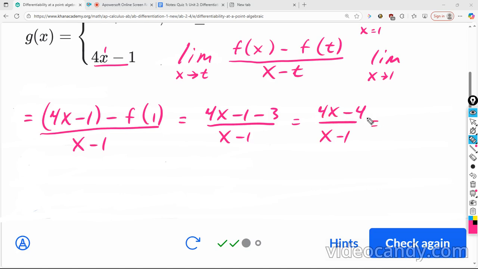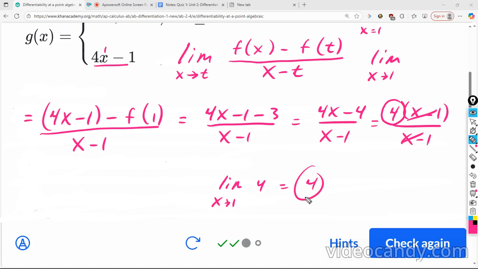Factor the numerator: the common multiple is 4. 4x divided by 4 is just x. Negative 4 divided by 4 is negative 1. And that's divided by x minus 1. The x minus 1's cancel, and we are left with 4. Normally we would have to plug in at the end the limit as x approaches 1, but in this case, since it was just a 4, there's nothing to plug in, so the answer is just 4. So we got 4 for the first one and 4 for the second one.